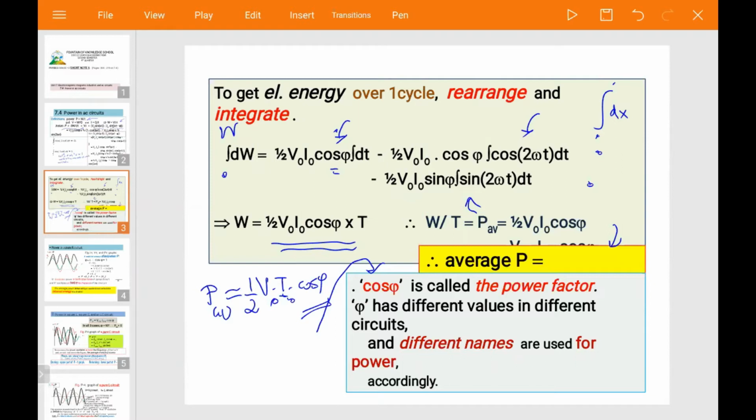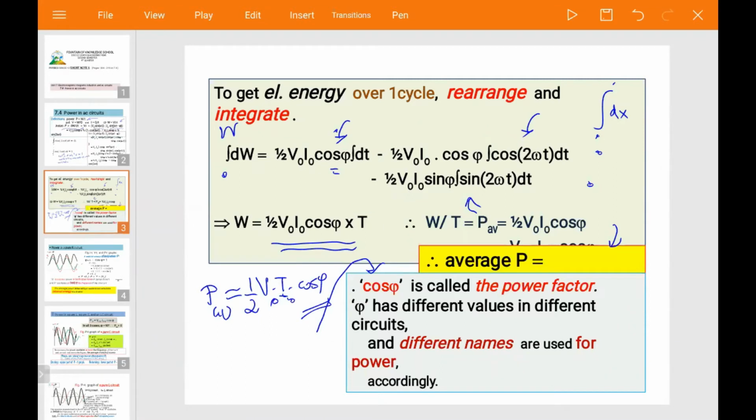I think very quickly, I say phi is the phase angle, it's the angle between current and voltage. In the case of a resistor, it is equal to 0 degree. So pronto, I ask myself, how much is cos 0 degree? Cos 0 degree is 1. Thus, in a pure resistor circuit, the power factor is 1.